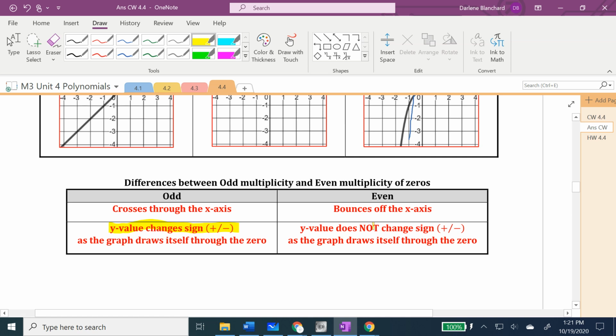But if it's an even exponent, it will not go through a sign change. It'll stay positive or it'll stay negative. And I'll give you a minute to write that down.